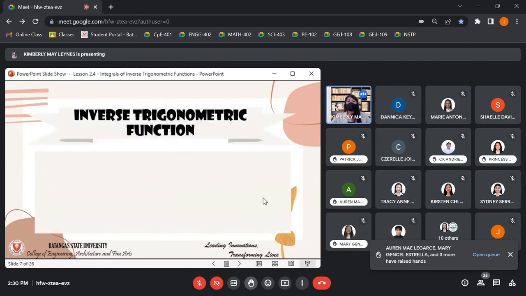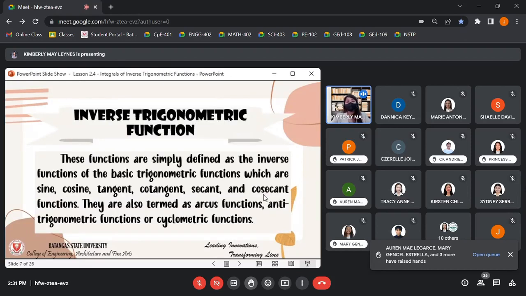Ano ba pag sinabi natin inverse trigonometric functions? Pag sinabi natin inverse trigonometric functions, these functions are simply defined as the inverse functions of the basic trigonometric functions, which are yung sine, cosine, tangent, cotangent, secant, and cosecant functions.